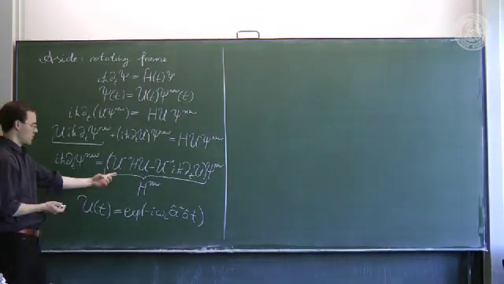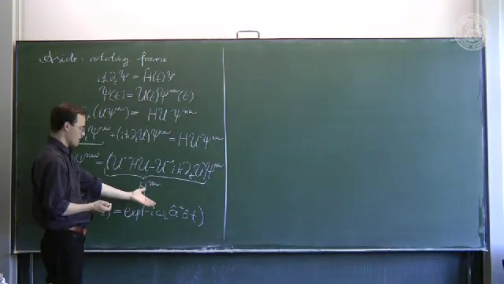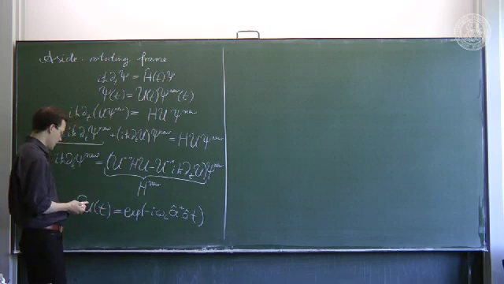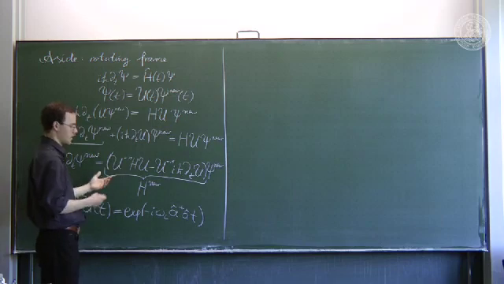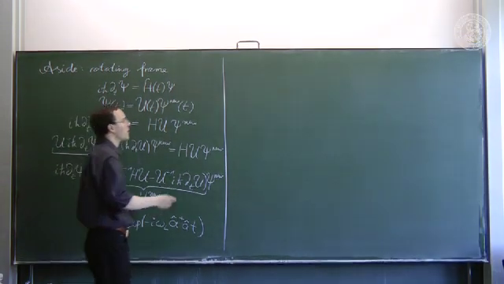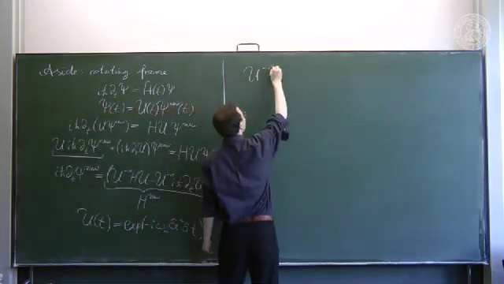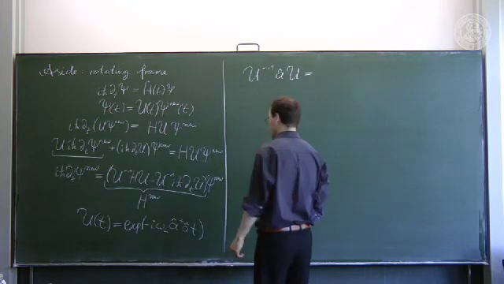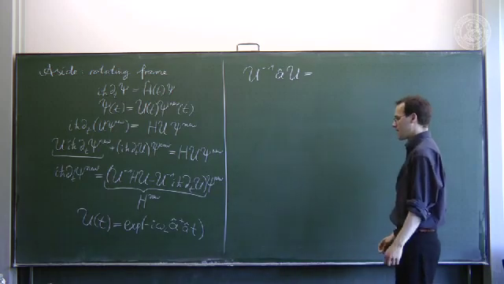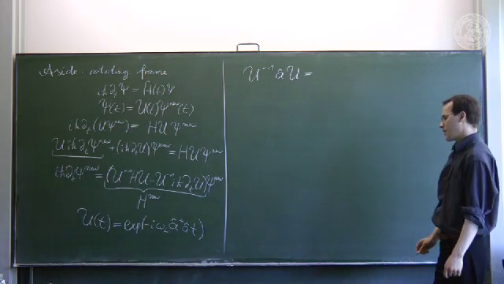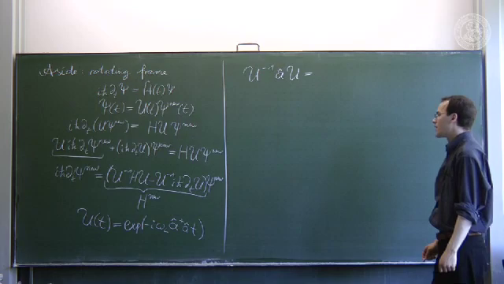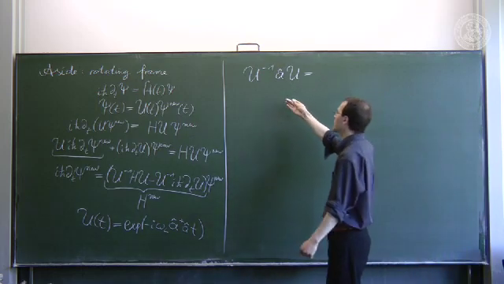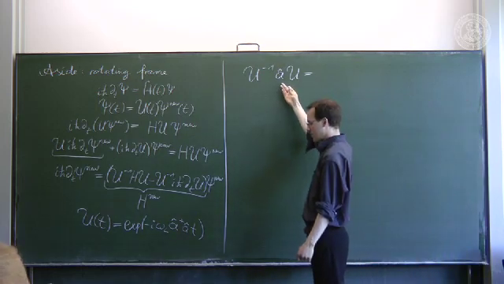In particular, since the Hamiltonian only contains a and a dagger, I have to find out what the unitary transformation yields when I apply it to either a or a dagger. This is something which you can write down by inspection.